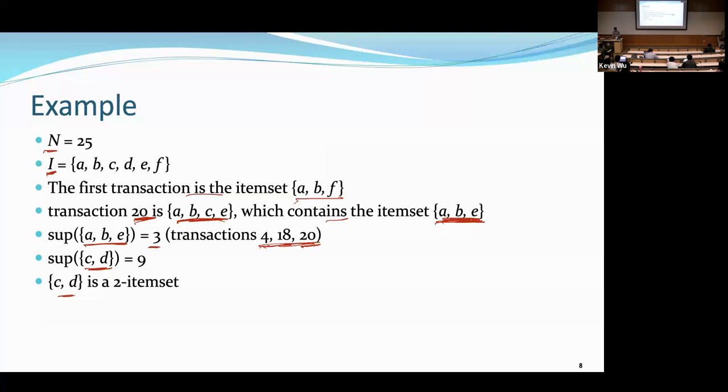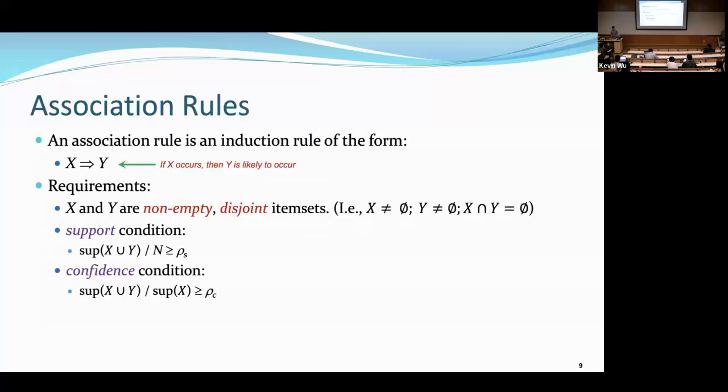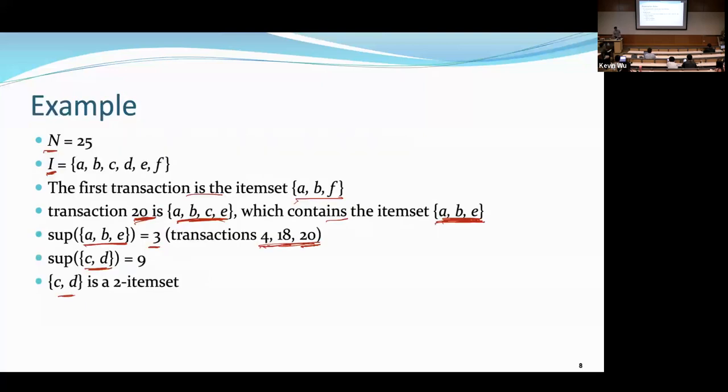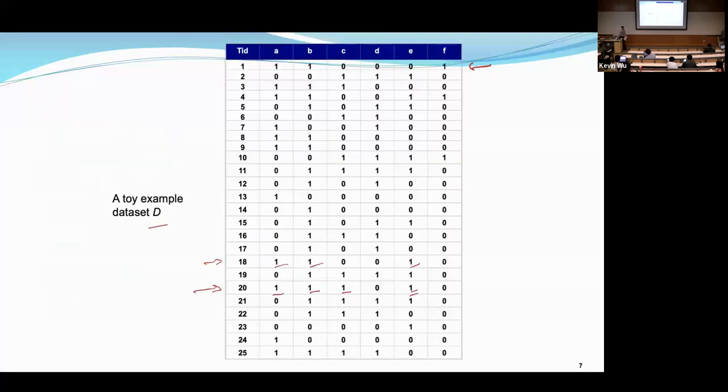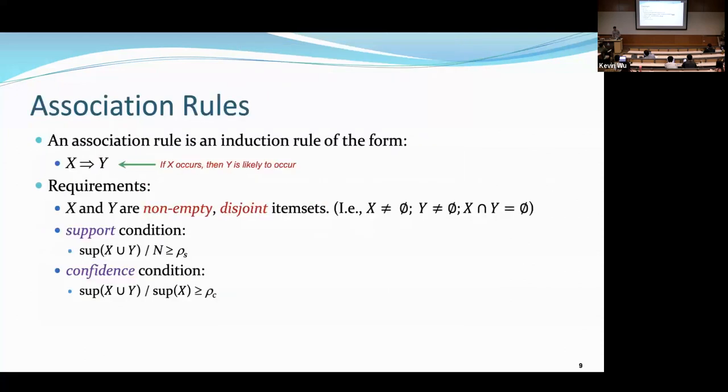All right. Now, what is our objective? Our objective is that you're given a transactional data set, such as this one, with a huge number of transactions, presumably with a large number of items. What we want to do is to process this data set and obtain what we call association rules.